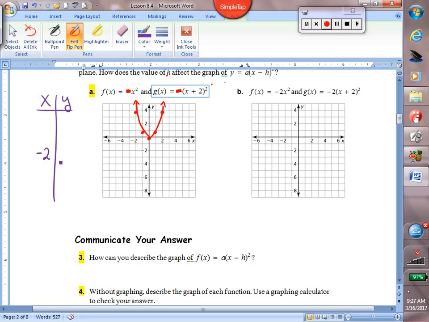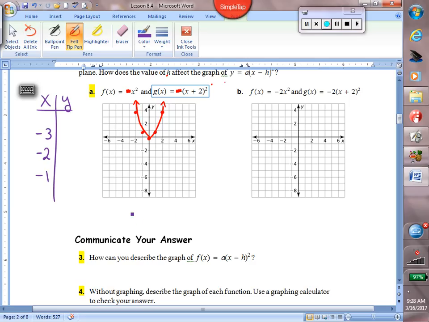That's the number I want to put on my chart in the middle. That's where I think the middle of my graph, that vertex point, is going to be. Then I want to pick some numbers close to -2. So -3 and -1. Let's just start with those. Let's see if maybe we have this right, that it does go left. Maybe we'll see the symmetry with just those 3 x values. Let's start there.